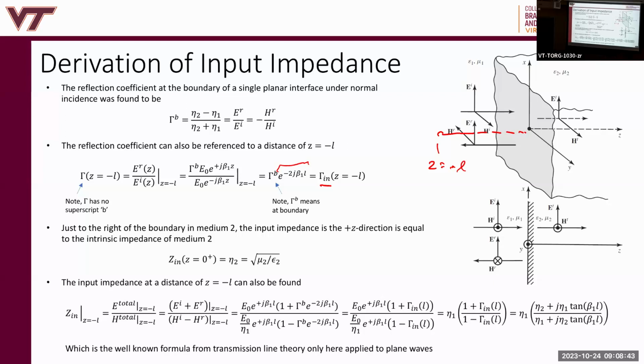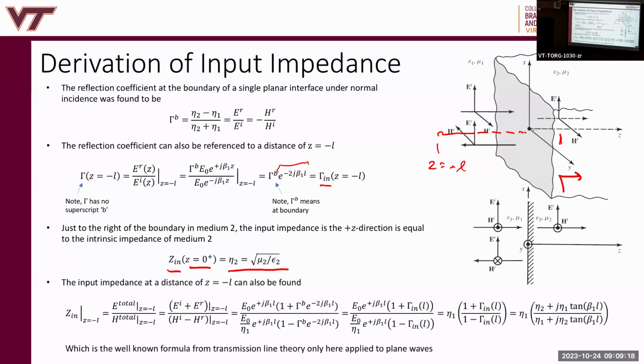Good. So now, just to the right of the boundary in medium 2, the input impedance in the z direction is equal to the intrinsic impedance in medium 2. So just inside this medium, we can say z equal to 0 plus, the input impedance is equal to the intrinsic impedance of the medium. So if we look in this direction, what impedance do we see? We see nothing but an infinite medium of wave impedance eta 2.